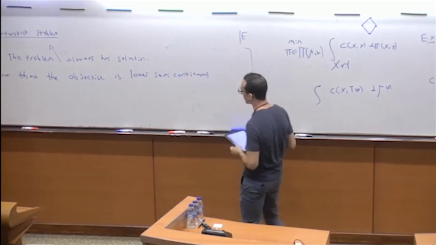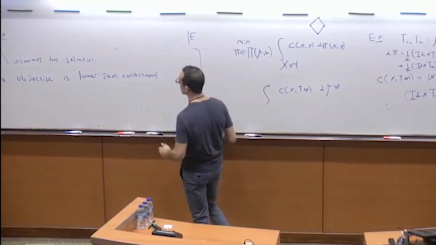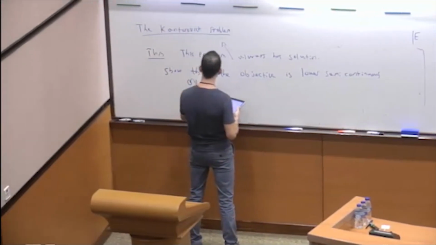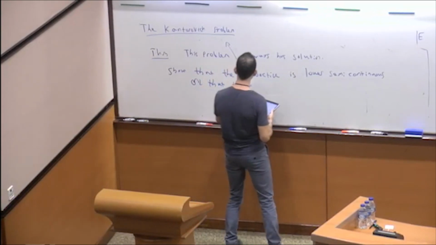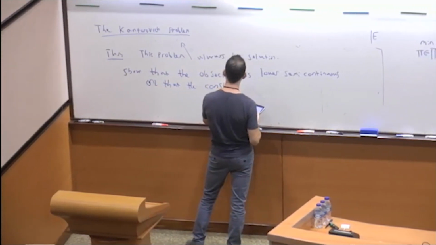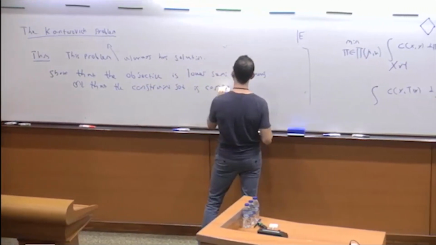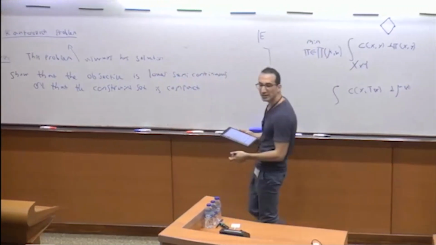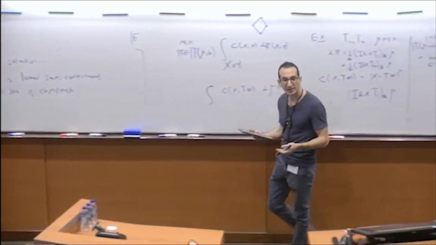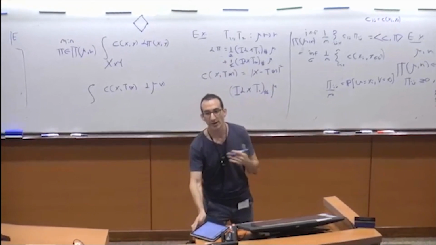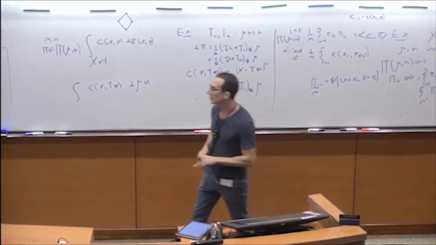We'll recall what it is in coming lectures, but you can just think of continuous for now. And that the constraint set is compact. So we know that if you minimize a continuous function over a compact set, the minimum will be attained. So you have to say, okay, what do we mean by continuity? What do we mean by compactness? What are the topologies here?